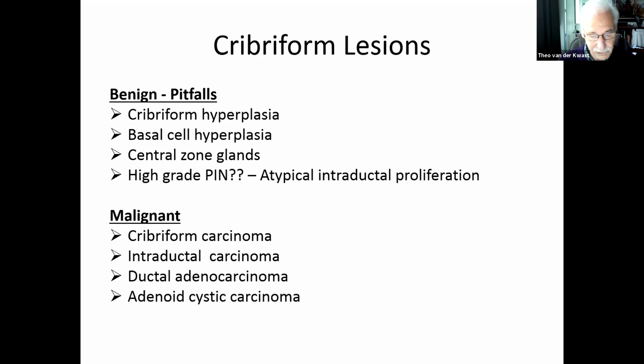So don't confuse these benign lesions with cribriform pattern carcinoma. In malignancy, cribriform pattern is most commonly seen in invasive conventional acinar carcinoma, but also in intraductal carcinoma, ductal adenocarcinoma, and also in a rare form of prostate cancer that is called adenoid cystic carcinoma.